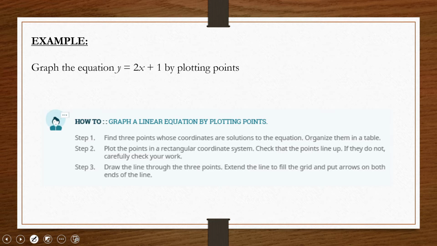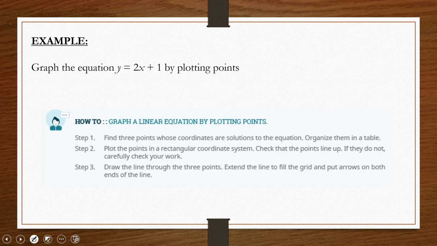And so from our geometry, we can understand that to create a straight line, we really only need 2 or 3 points at minimum to create the inferred line that is the solution representing all the values that make that equation true. So here's how we graph that linear equation by plotting the points.